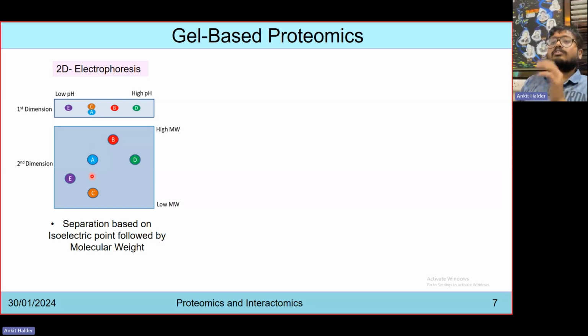This gave an added edge over just one dimension of separation. Separation on just the IPG strip won't be possible, and neither will separation on molecular weight alone, because many proteins have similar molecular weight but different isoelectric points, so they will be divided on that pH strip. That's what gave an added edge for better profiling and better separation and resolving of the protein spots.